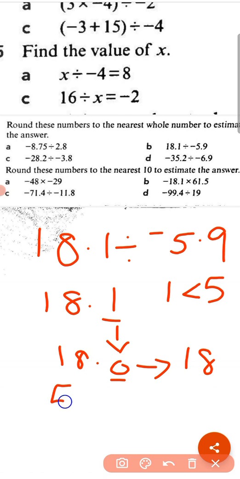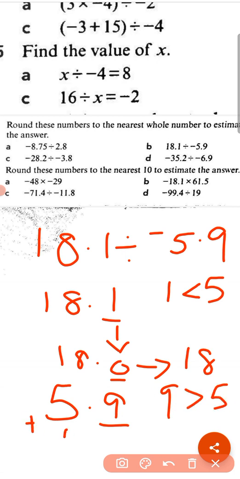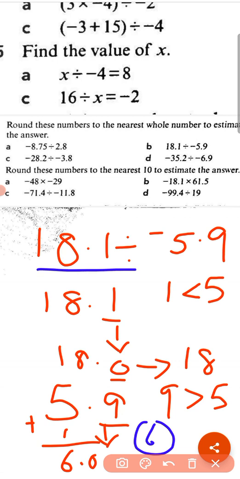Next 5.9. The digit in the 10th place is 9. 9 is greater than 5. So add 1 to the digit in the 1's place. 5 plus 1 is 6 and replace this by 0. So 5.9 becomes 6.0 which is equal to 6. So we round 18.1 becomes 18 and 5.9 becomes 6.